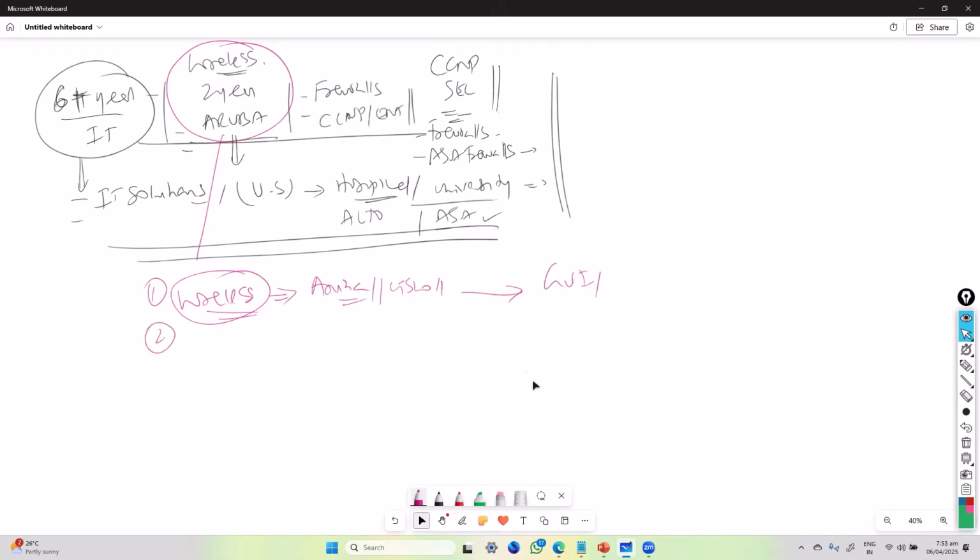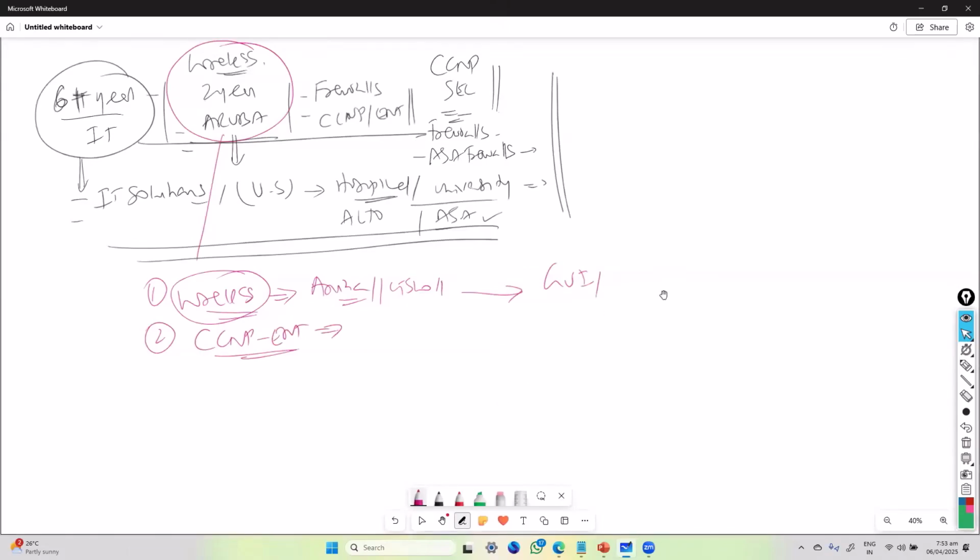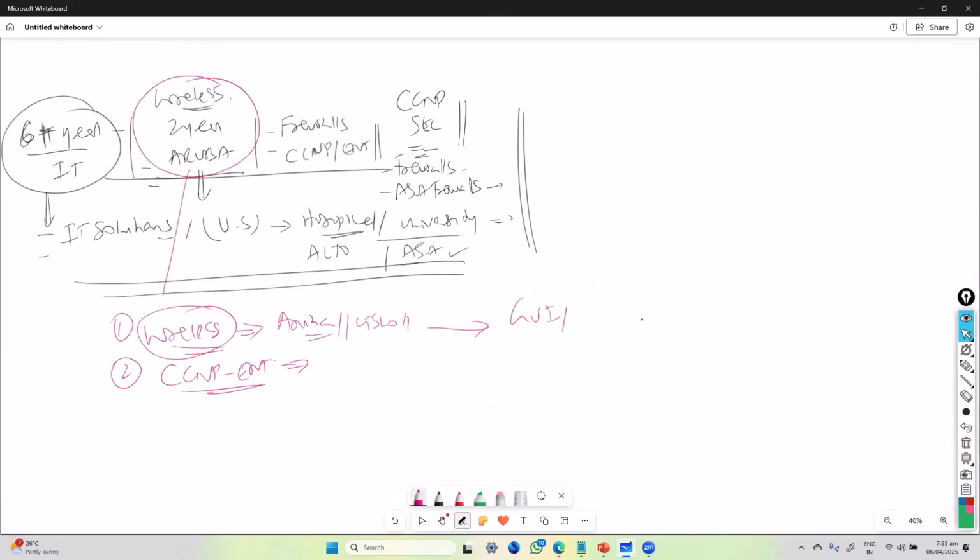Now the next part: you also plan to do CCNP Enterprise. CCNP Enterprise is going to be a core skill set for any domain, whether you're working on the security side, wireless, or any other domain, because at the end everything connects to routers and switches, and managing them is an important skill set.